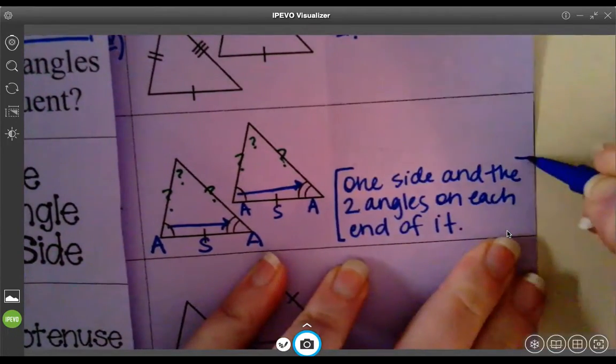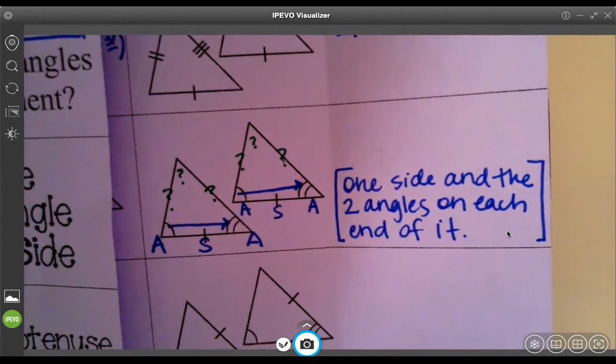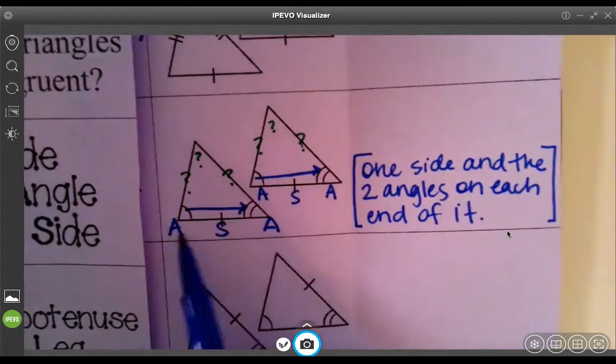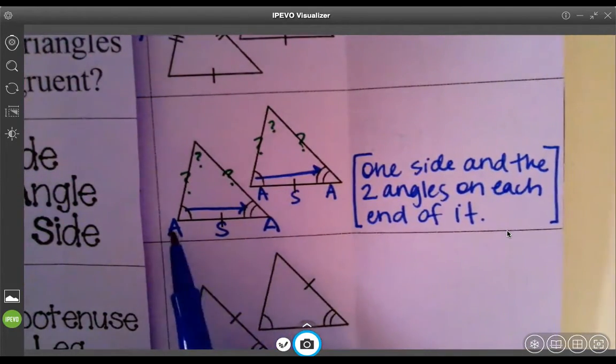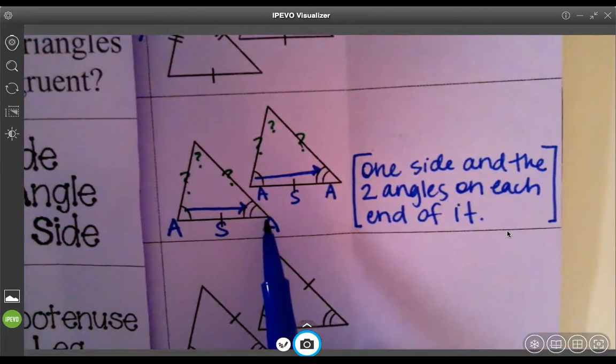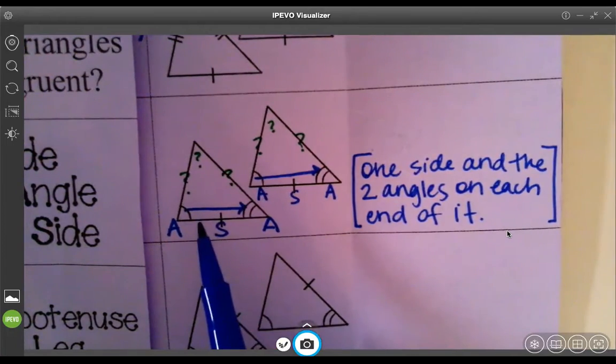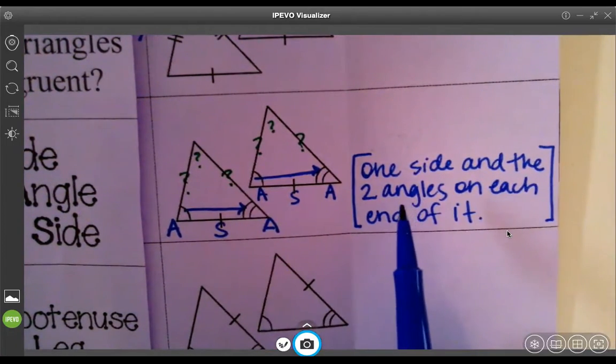That's another way that you can visually tell if it's the angle, side, angle pattern, as opposed to a different one like angle, angle, side that has the same number of A's and the same number of S's. This is only one side. So it's one side of the triangle and then the two angles that it runs into. So you've got the shortest path method, and then you've got this other little reminder over here on how to identify that.